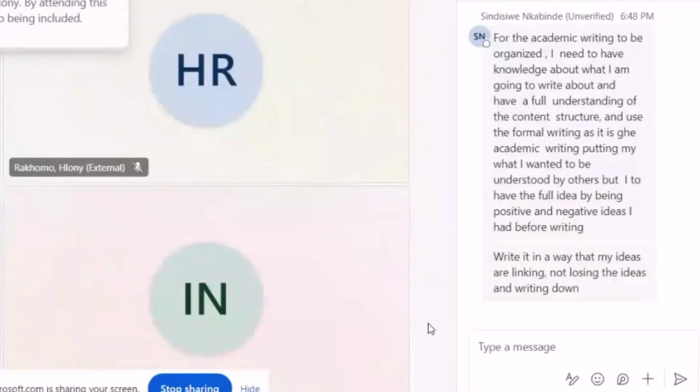Okay, so I write in a way that my ideas are linking. That is a very nice one. And not losing the ideas that I am writing down. Thank you very much. And I can see your notebook is also right there, typing in the chat box. It's writing something there. That's good. Keep them coming. I see Cindy Siwishi, you need to be, yeah, the ideas must be organized.